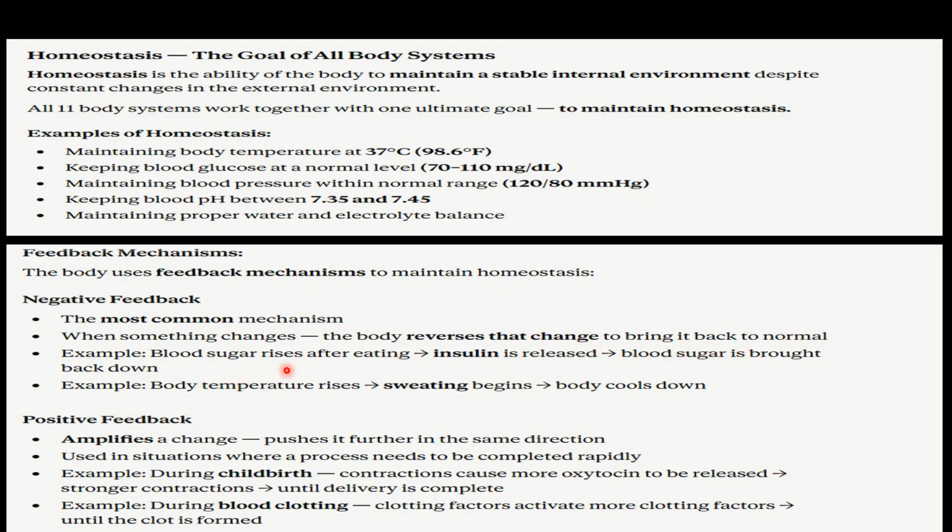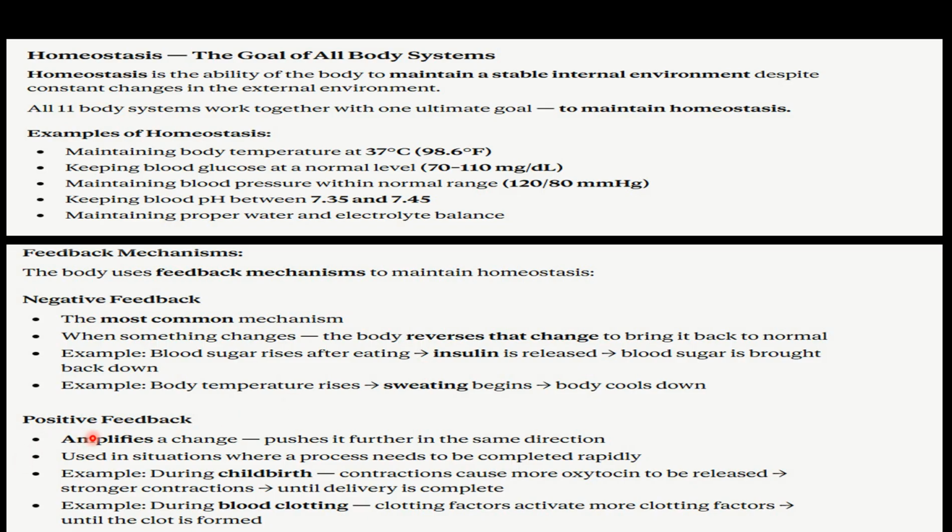Example: blood sugar rises after eating, insulin is released, and blood sugar is brought back down. Another example: body temperature rises, sweating begins, and the body cools down. These are some of the simplest examples, showing that due to these mechanisms, an automatic solution is implemented.